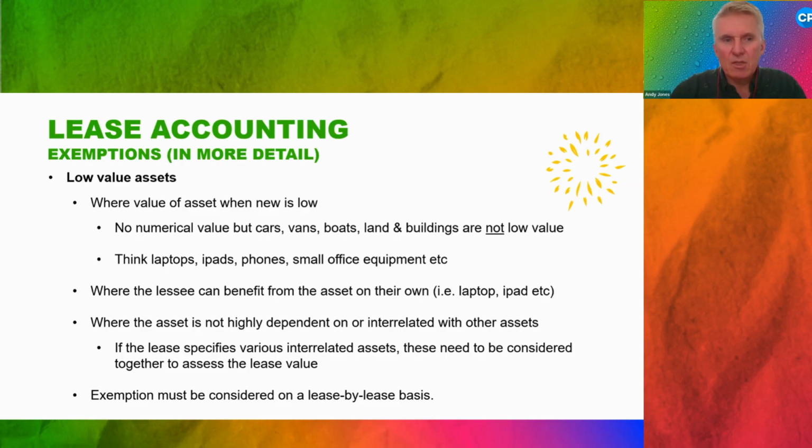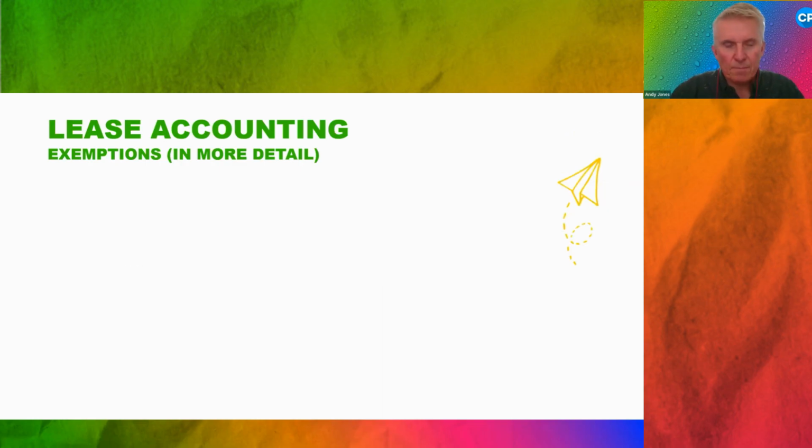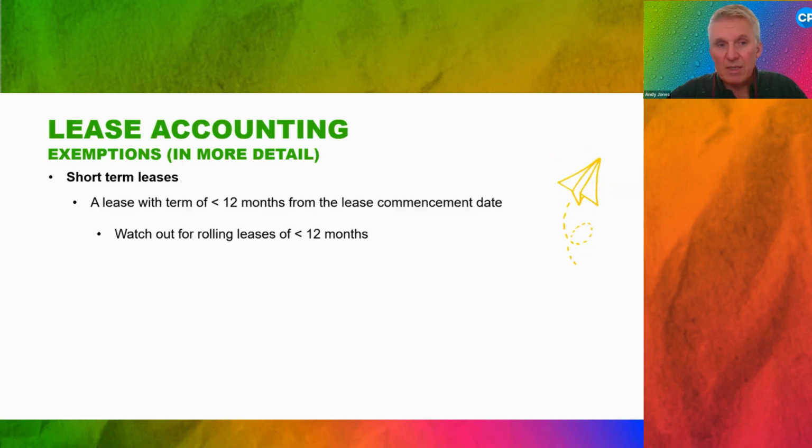The next exemption is in terms of short-term leases. A short-term lease is basically something that has less than 12 months from the lease commencement date. So if you signed a 12-month lease or a 6-month lease, you're automatically able to take an exemption from that. A slight word of warning there is just to watch out for rolling leases. Some organisations may have moved into a rolling lease where essentially it's just rolling on a 12-month basis.